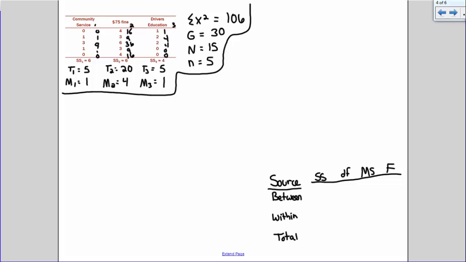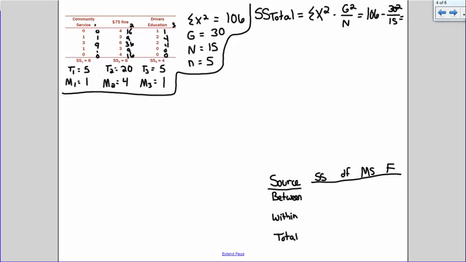Okay, let's start off with sum of squares total. Just start from the bottom and work our way up. I always find sum of squares total and within first, then take the difference for sum of squares between. So remember this formula, sum of x squared minus G squared divided by N. Sum of x squared is 106, G is 30, and uppercase N is 15.